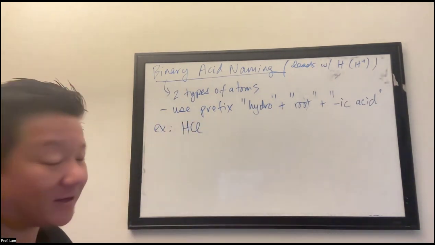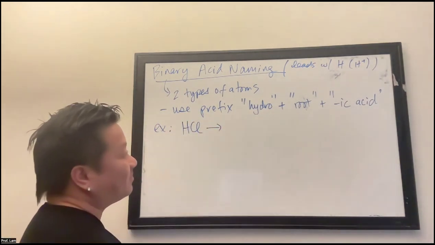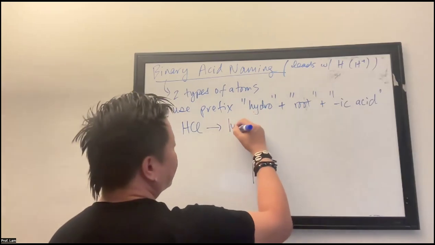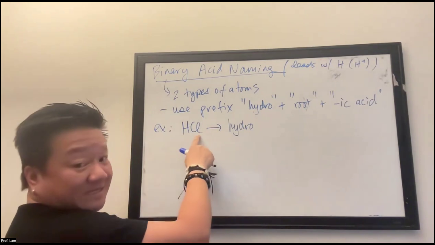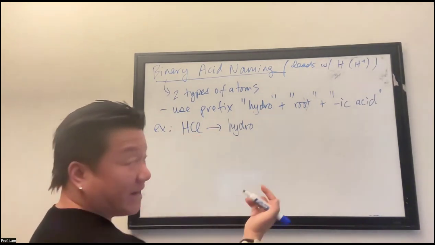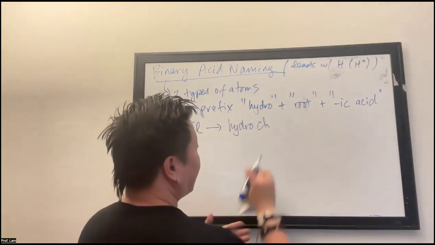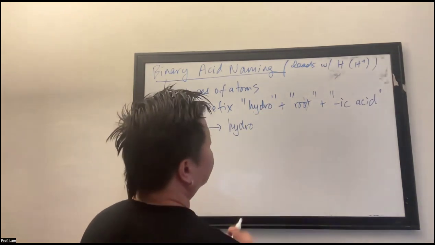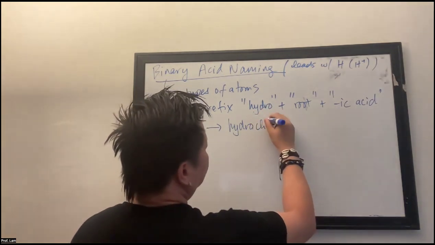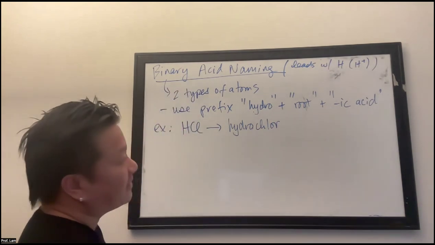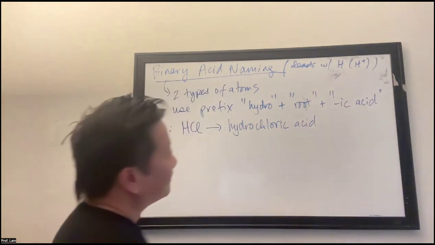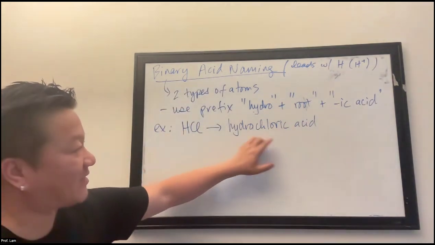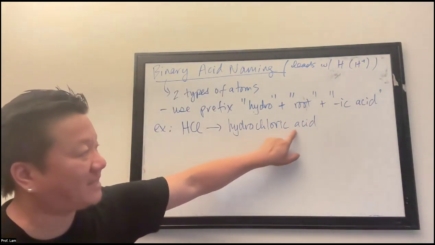So let's do HCl. How should we name that? Hydro. The root, the Cl, is chlor, because it's chlorine. Chlor. And then ic acid. All together: hydrochloric, space, and then acid.